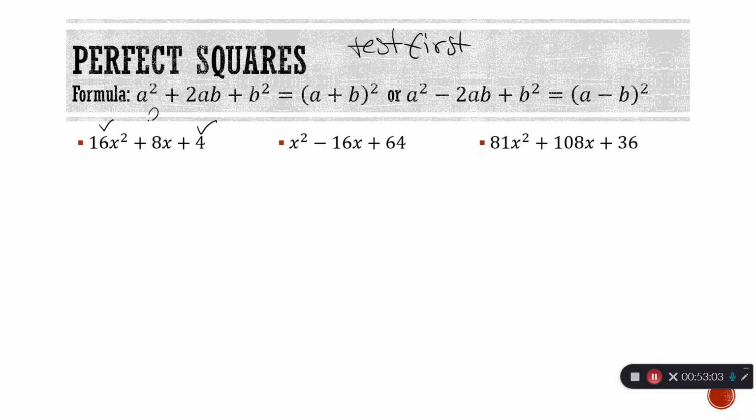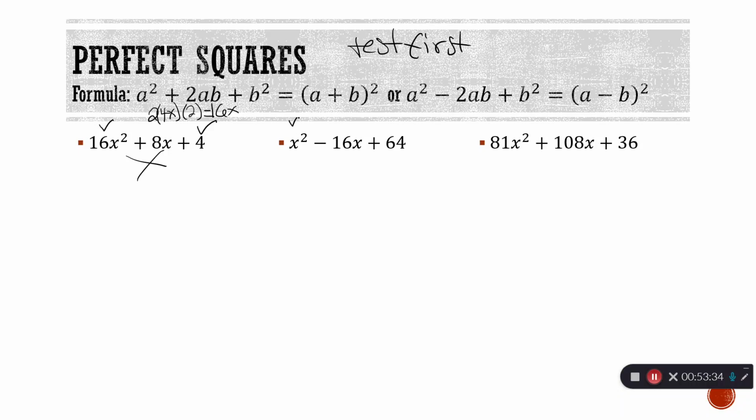Now let's see if this is 2ab, which a would be what? 4x? Gotta be that, and this will be 2. So 2 times 4 is 8. 8 times 2 is 16. So we should have started with 16x. Do you have 16x? No. This is not a perfect square. We're done.